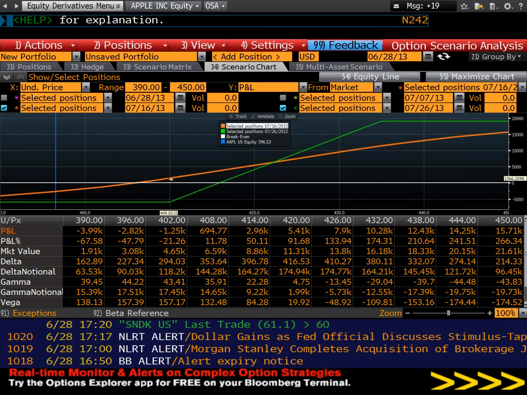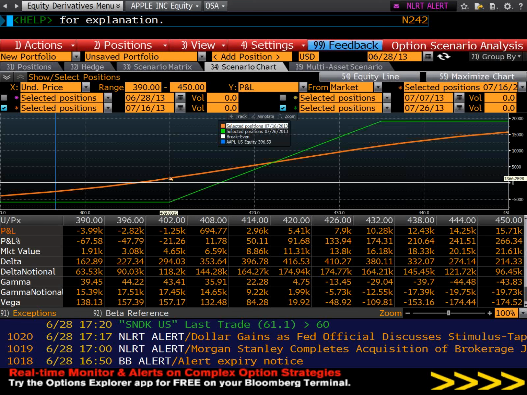Wow. Because the time decay has eaten into the price of your 410s and the 435s, but you have not had the benefit of the boost in implied volatilities. Okay?